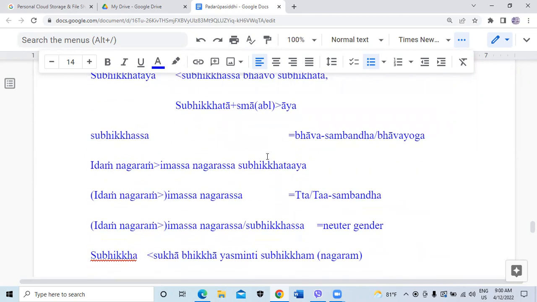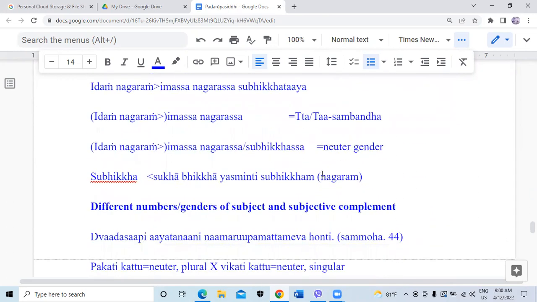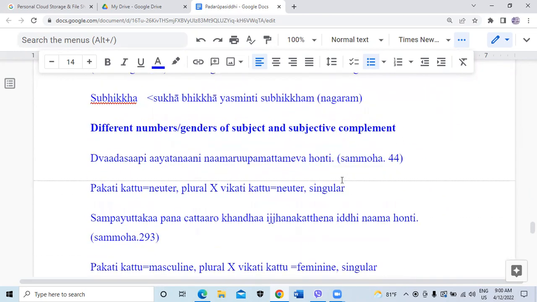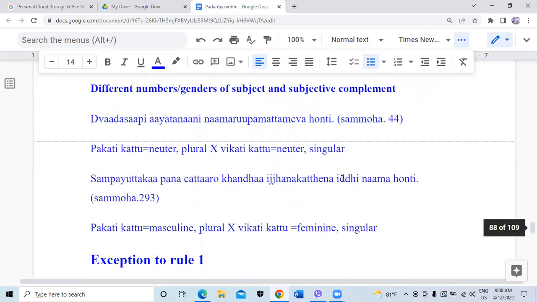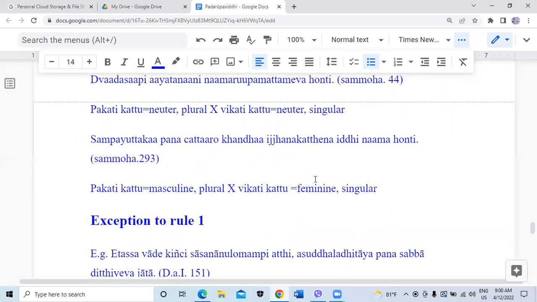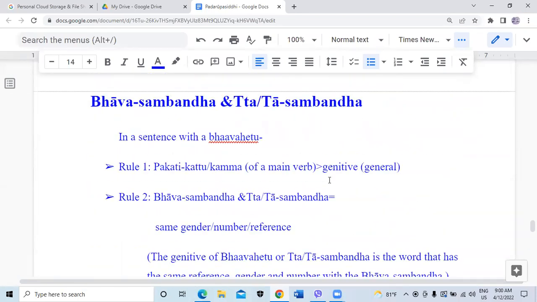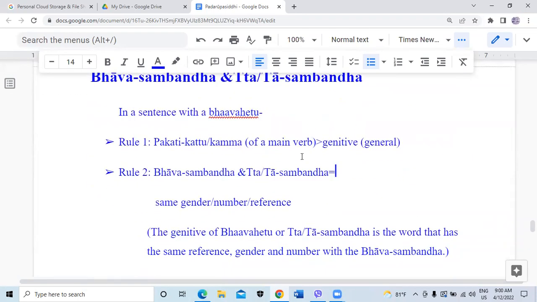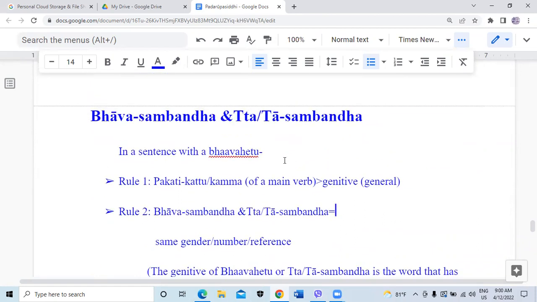Clear, right? Awesome. This is very interesting, because before this lecture, I thought Bhāvataddhita and Taddhitakaṇḍa are the same. In fact, I used both of them interchangeably, referring to Taddhitakaṇḍa, because Bhāvataddhita is so obvious.